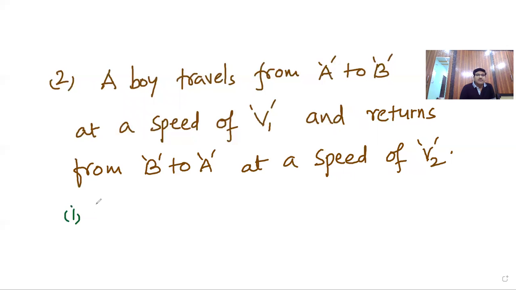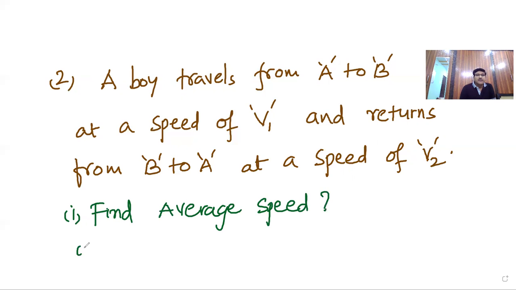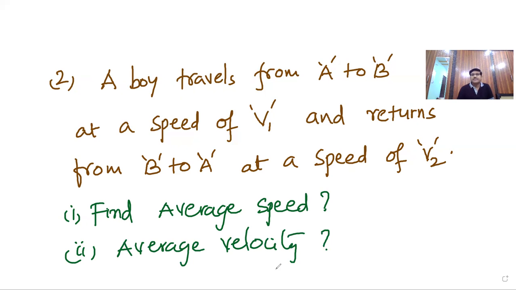The first one is asking to find the average speed. The second is asking for the average velocity. Read the problem carefully. What does it say?